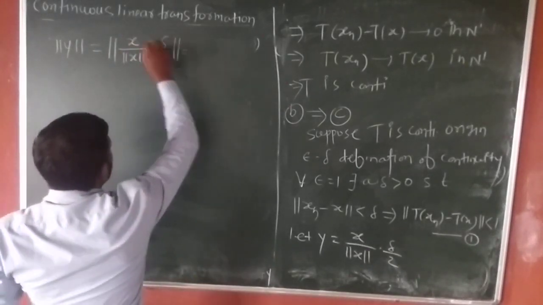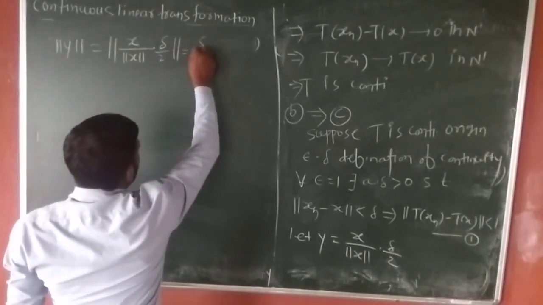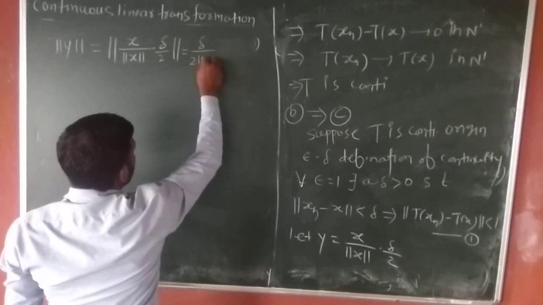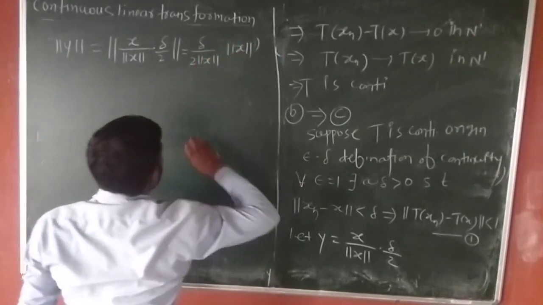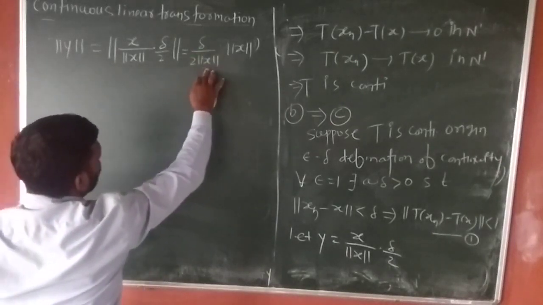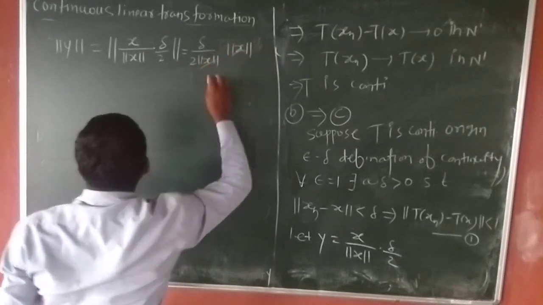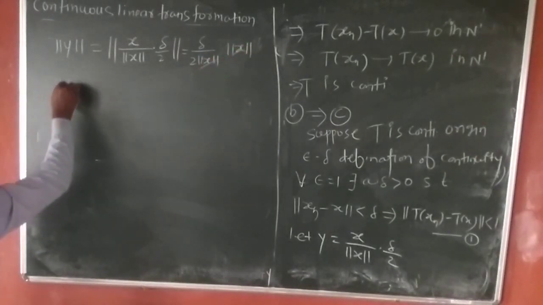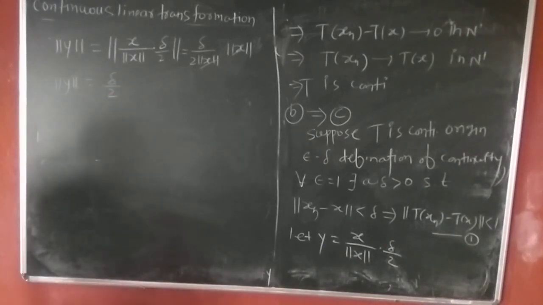This is also a scalar, so we can take all the scalar quantities outside the norm. That is equal to delta upon 2 into norm of x upon norm of x. Norm of x cancels, so norm of y is equal to delta by 2.